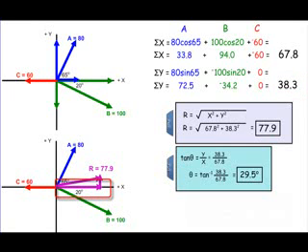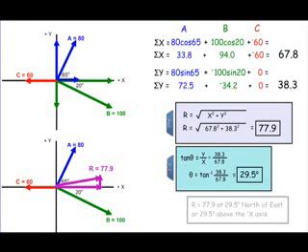The adjacent side is our value for the sum of the x components, 67.8. We take the inverse tan of that ratio, 38.3 divided by 67.8, and we get a value of 29.5 degrees. Your answer then would be that the resultant R is equal to 77.9 at 29.5 degrees north of east, or you might say 29.5 degrees above the positive x-axis.